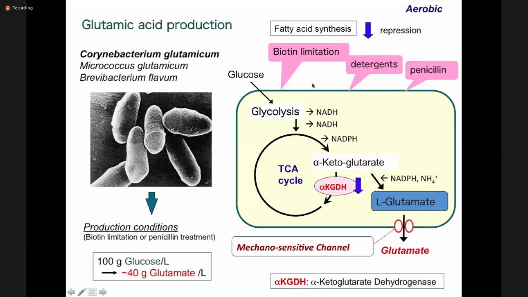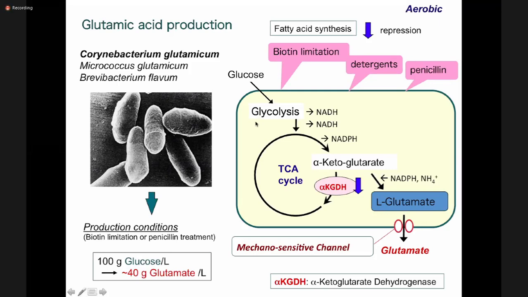Then the molecular mechanism is kind of difficult to understand, but there are 2 things. One is that biotin is related to fatty acid production.